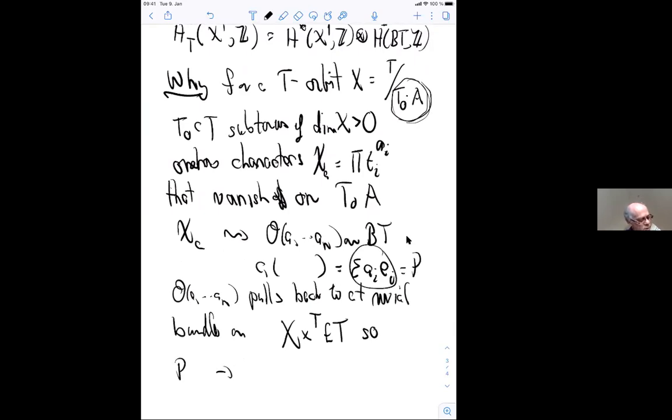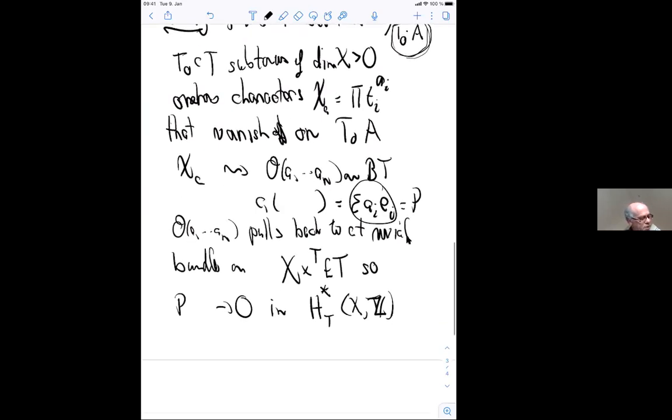So P will go to 0 in the equivariant cohomology of X. And of course, after inverting P, this cohomology just becomes 0.